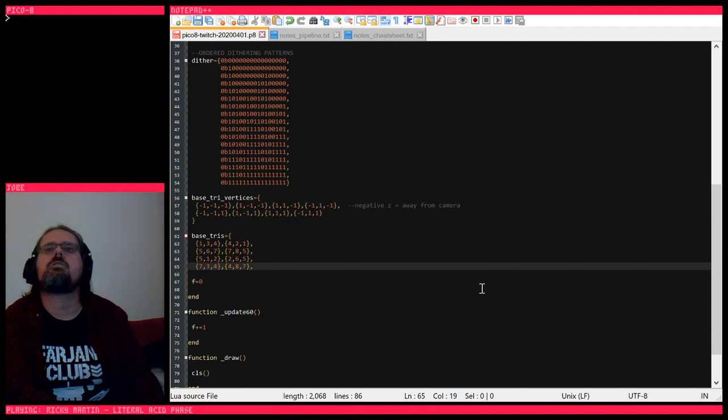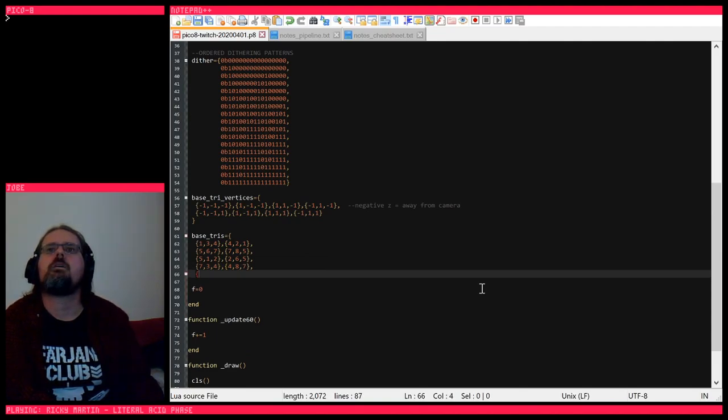Okay, so this is going to be the top face, and the left face is going to be 1 and 4 and 8.